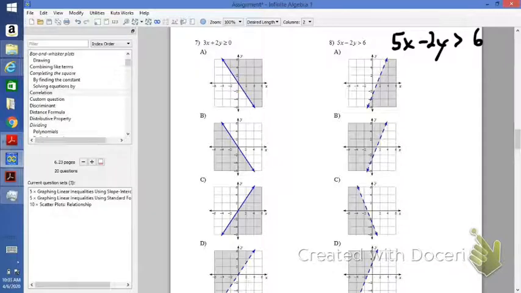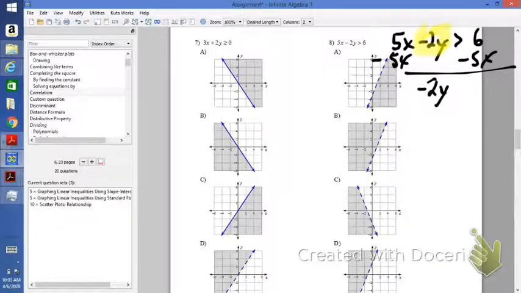We've got to get y by itself. So we're going to subtract 5x from both sides. So we have negative 2y greater than negative 5x plus 6.